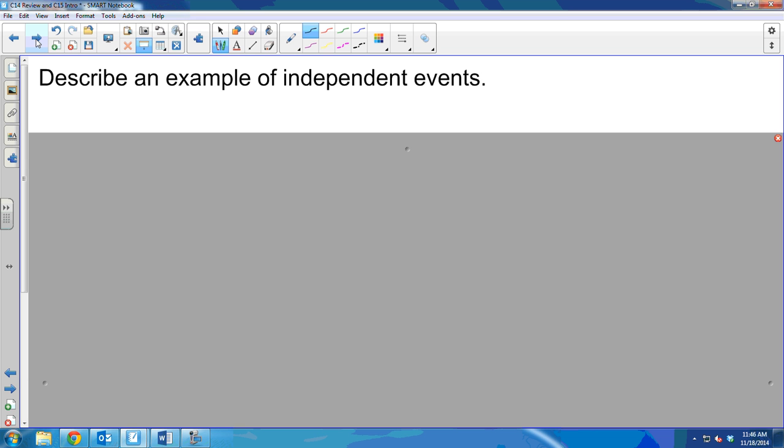When 3 random people walk into the blood bank to donate blood, one's blood type does not influence the next person's. And then, of course, we had to talk about twins because they wouldn't be independent, right? If you're talking about random people, those are independent. If you're talking about people that are related, blood type is not independent. One's going to influence the other.